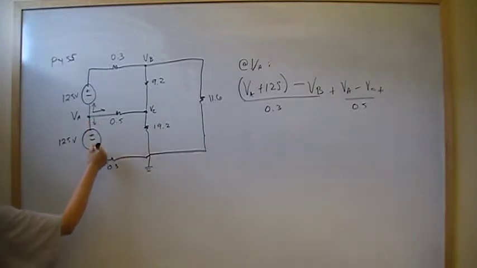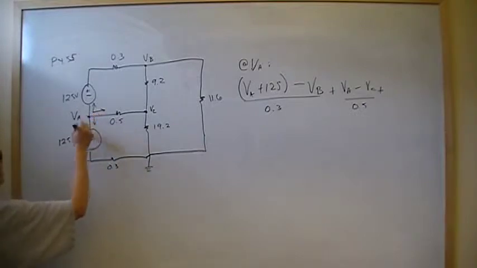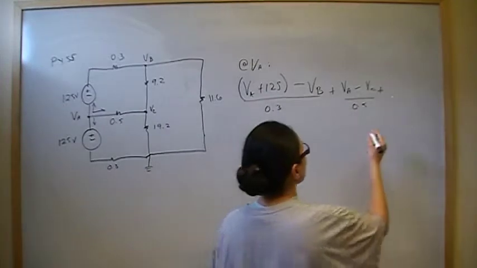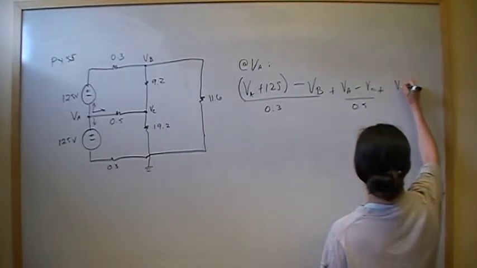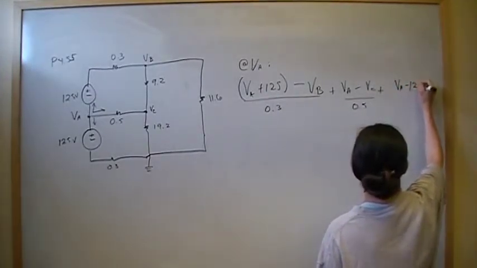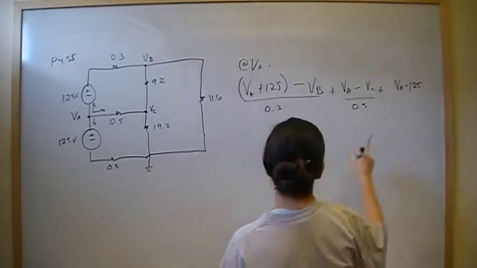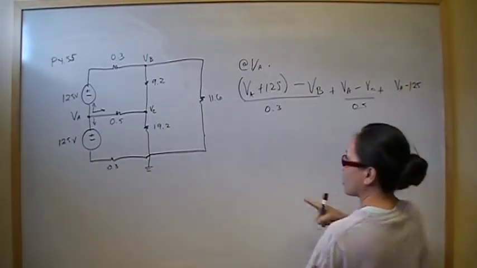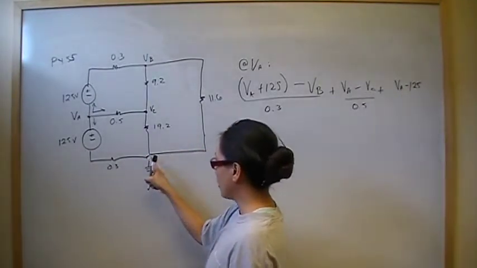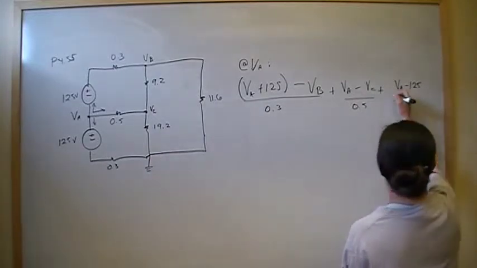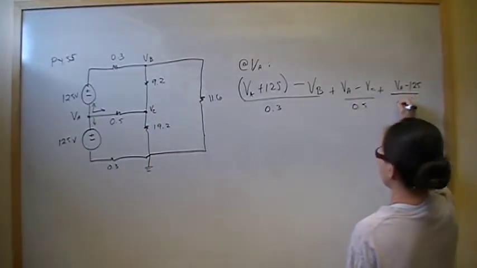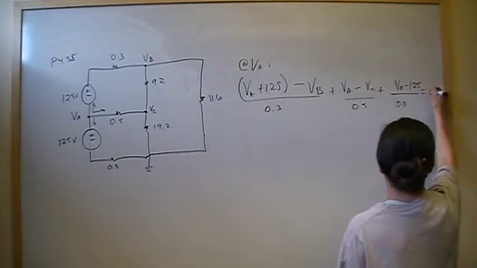From plus to minus means we went through a voltage drop, so this 125 must be a minus. So the final current is VA minus 125, minus 0. We're not going to write the minus 0, but that's the other side of the node, the ground node, and that's going to be over 0.3. All that must equal 0.